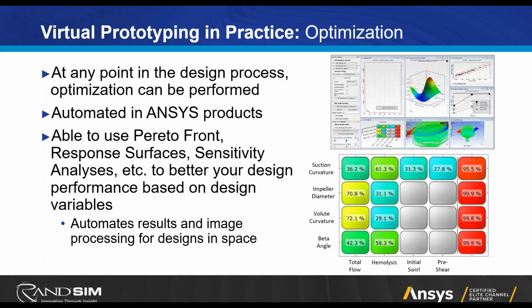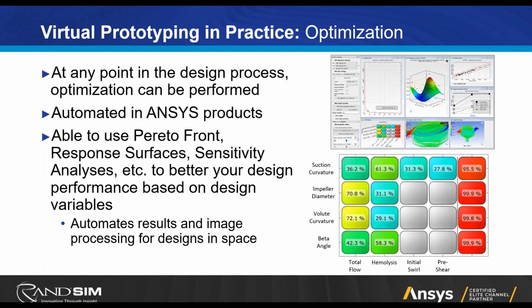So you're not just taking your design again and taking a shot in the dark and saying, I think that this will improve with impeller diameter changes or if a loop curvature changes. You can actually see that those have substantial sensitivity based on your analysis, and you can look at your response surfaces or your Pareto front to determine what the best candidate might be to move forward with for an optimized prototype design.